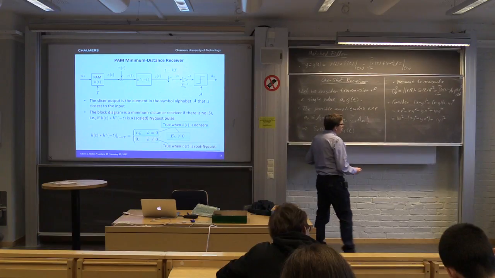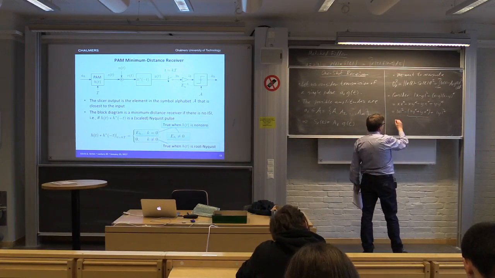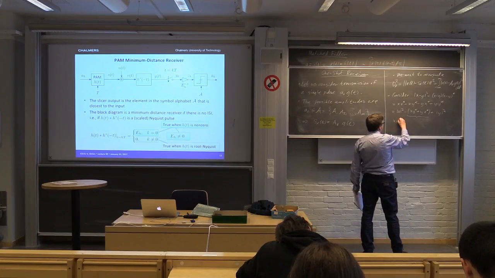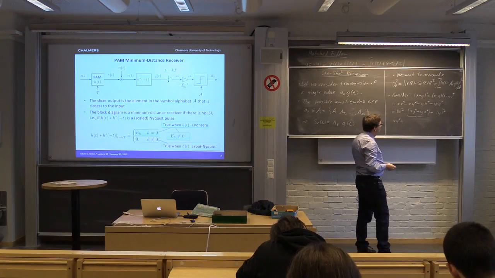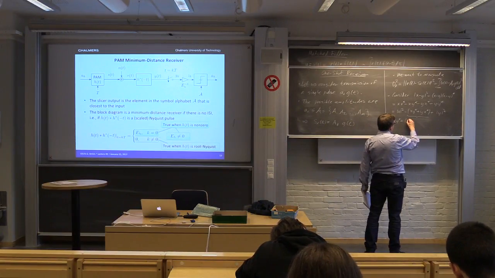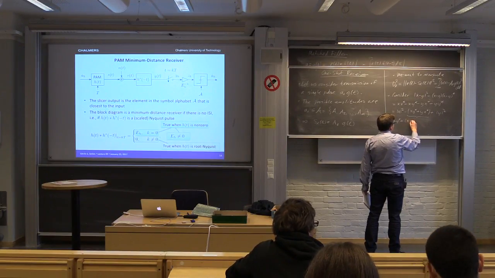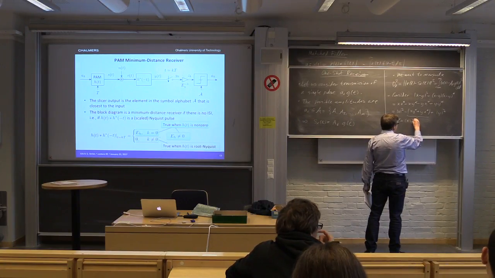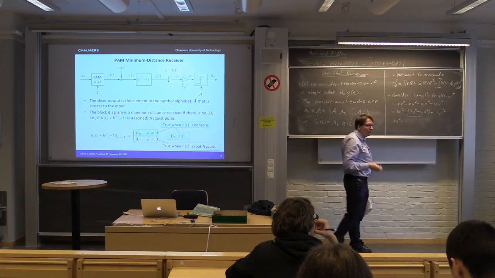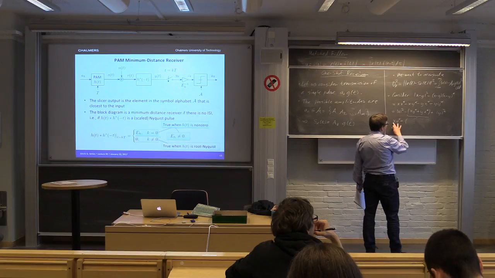So what do we have inside the parentheses here? Well, we have x y conjugate plus y x conjugate. I'll start over again. We want to write this in terms of this.